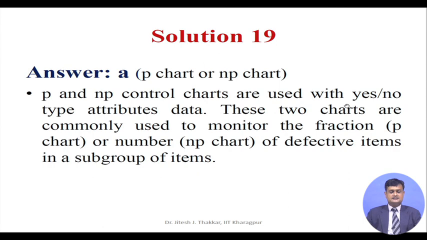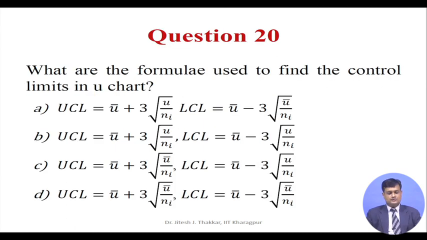So, the correct answer is A, P chart or NP chart. These are basically used with yes, no type attribute data, and these two charts are commonly used to monitor the fraction defective P or number of defective items in a subgroup of items.